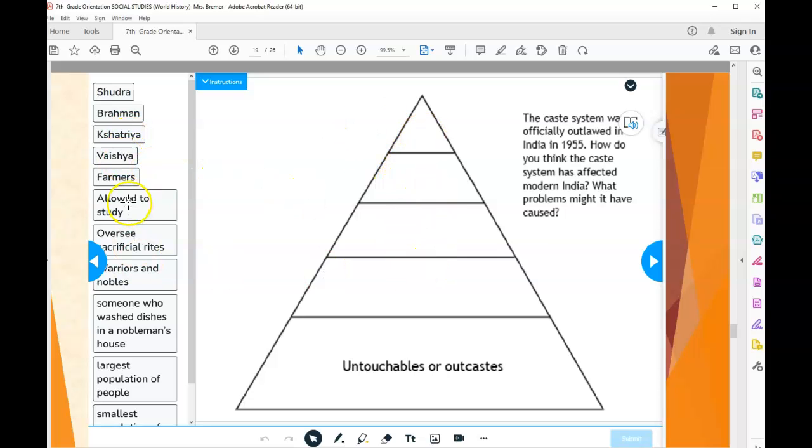Where are they going to go? Farmers. Where would farmers be? Which class do they go in? Who is allowed to study? Who oversees sacrificial rites? Who are warriors and nobles? Who would be someone who washes dishes? What's the largest population of all the people? And what's the smallest population of all the people? So drag and drop those.